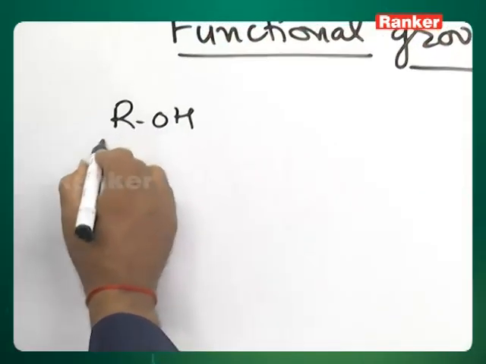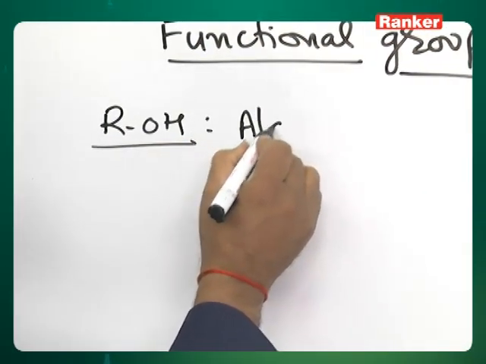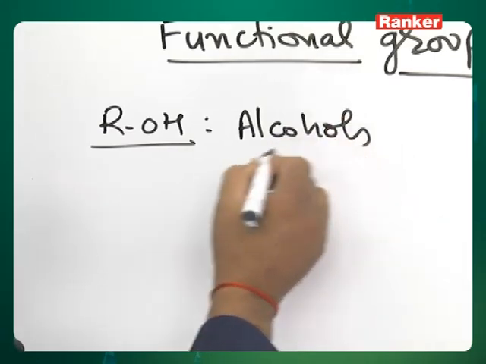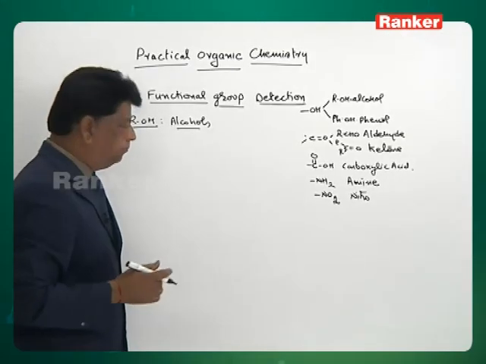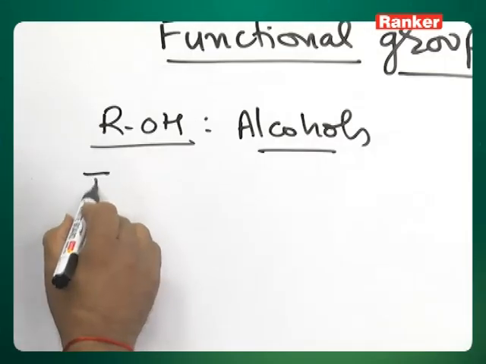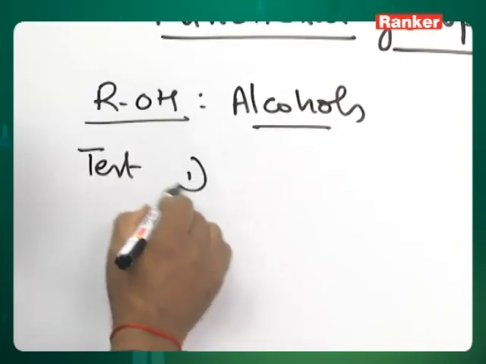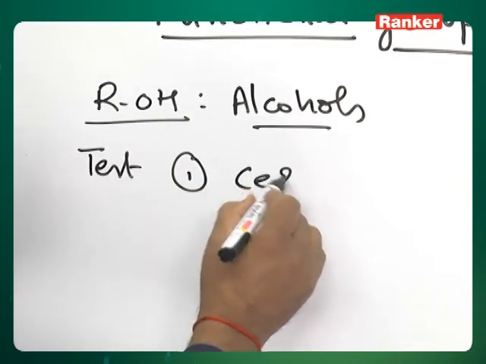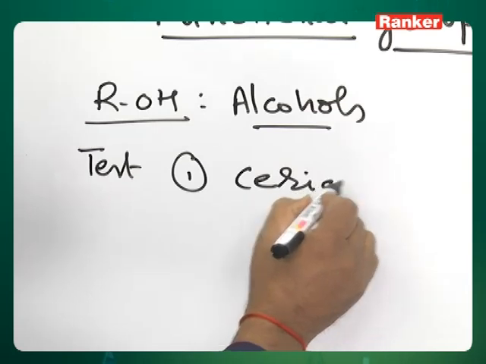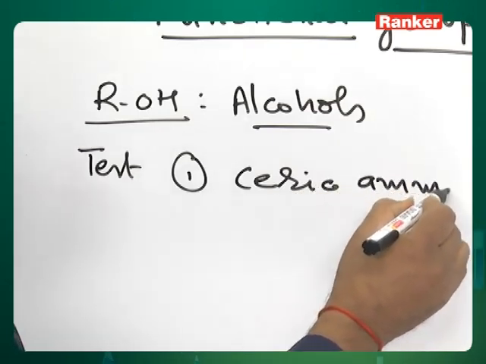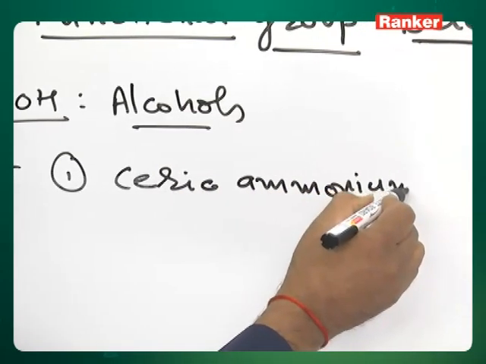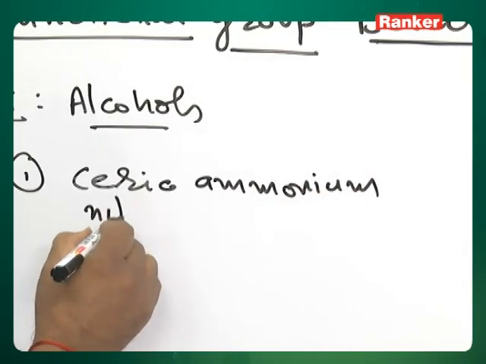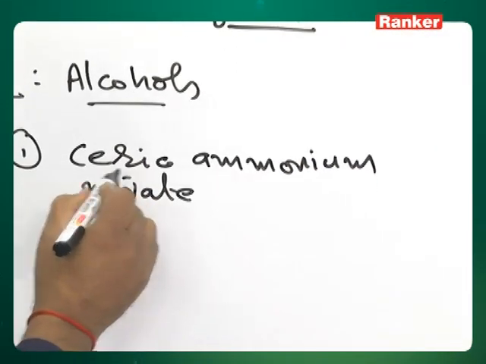ROH function is specially known as alcoholic function. How do you detect the alcohols? One test for alcohols is ceric ammonium nitrate. This reagent is very unique.